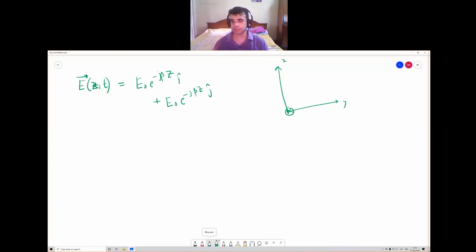The first question is whether this E(z,t) can be the electric field component of an EM wave that is moving in the z direction. If yes, then what is the corresponding H? And if no, then we are not worried. Anybody who wants to contribute?